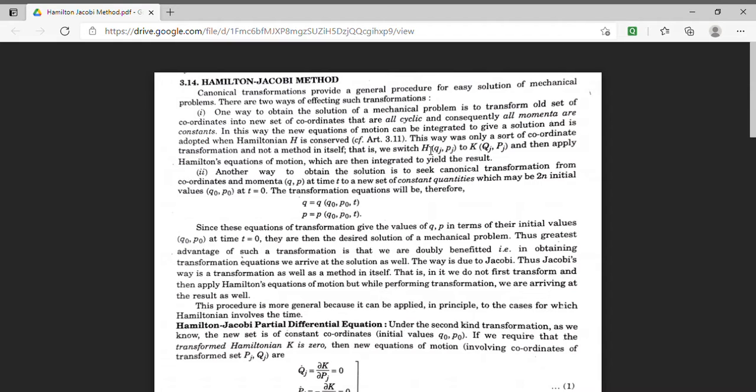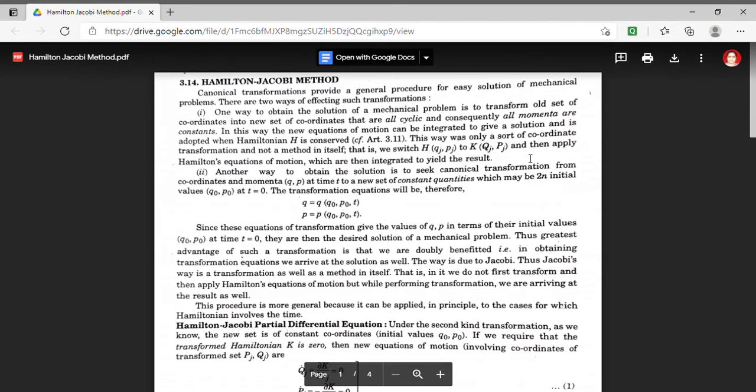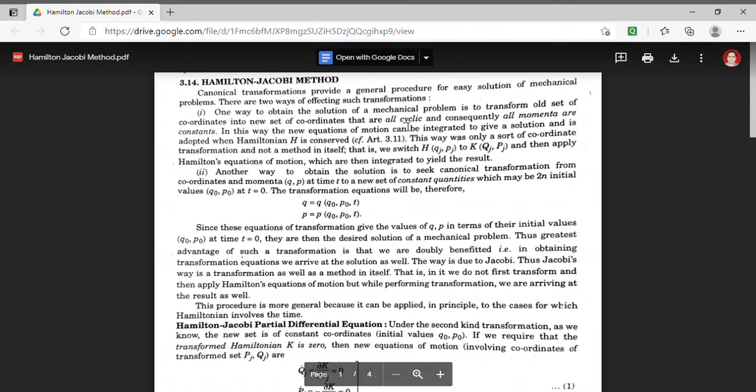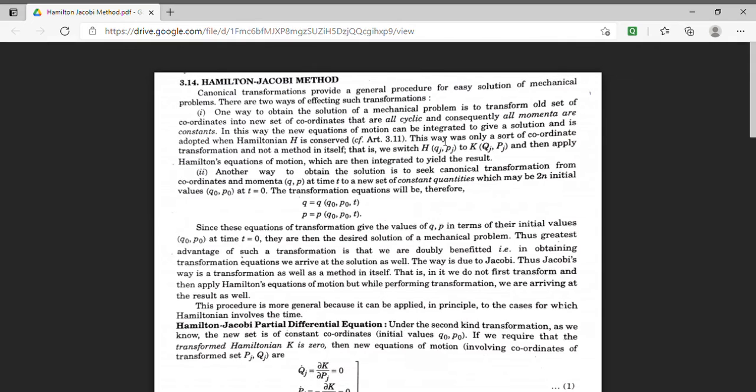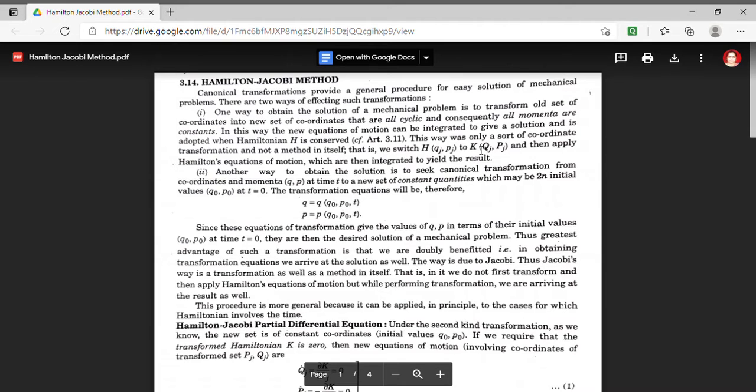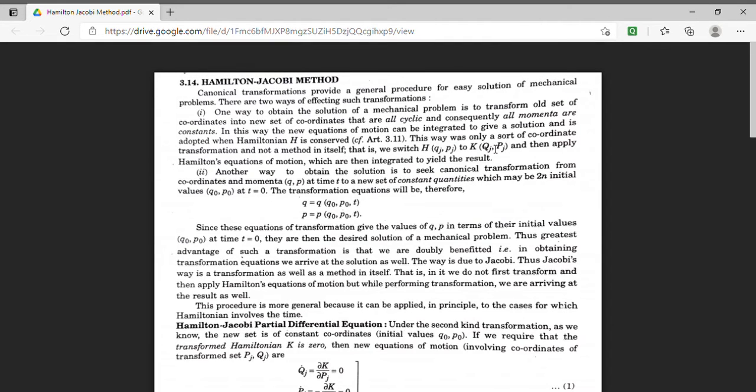And the new set will be denoted by capital Qj, capital Pj, and in this new set of coordinates, the Hamiltonian is denoted by capital K. So what we have to do is switch from the old set H, which is a function of small q, small p, to a new set capital K, which is a function of capital Q and capital P. This is our main aim in the Jacobi method.